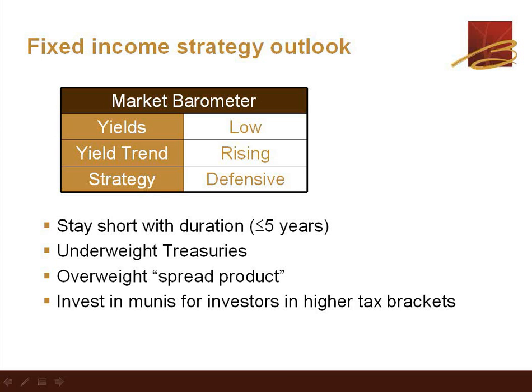In lieu of treasuries, we're emphasizing what we call spread products, or bonds that have an interest rate that trade at a spread above treasuries because they carry more risk. Now, these types of bonds are corporates or emerging market bonds or muni bonds. We view these bonds as being less exposed to interest rate risk than treasuries. And while they carry a greater risk of default, we're more concerned with interest rate risk at this time than default risk.